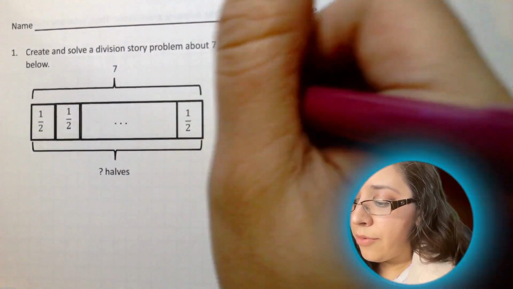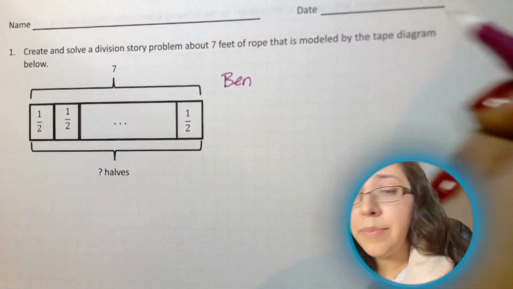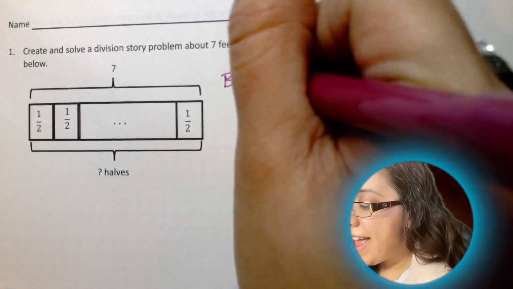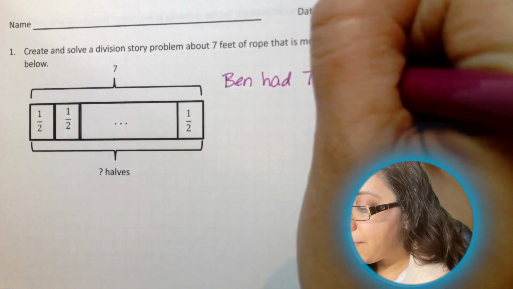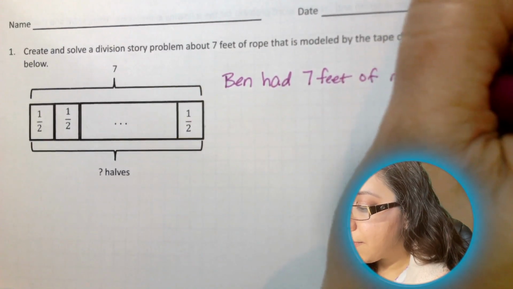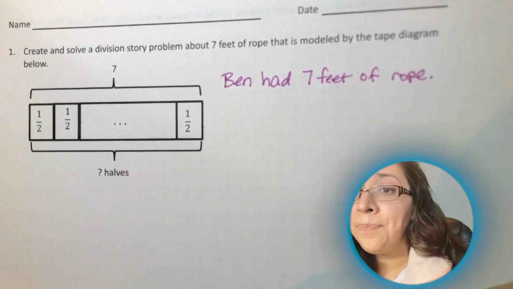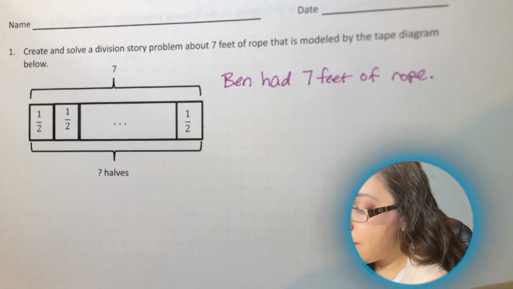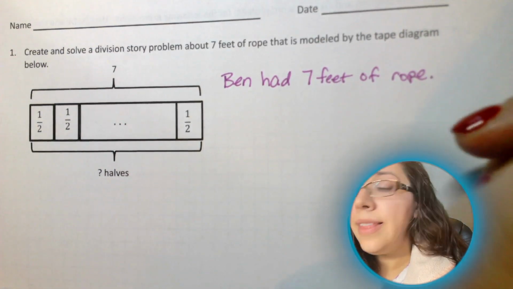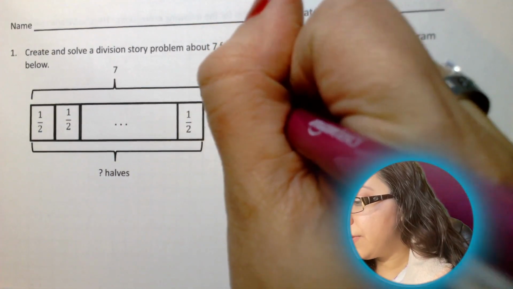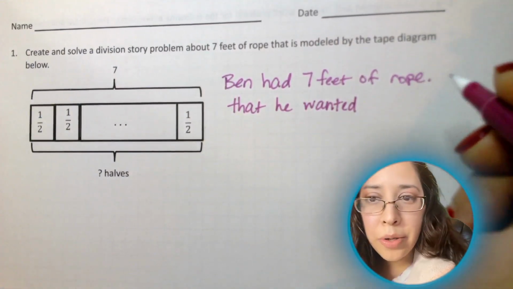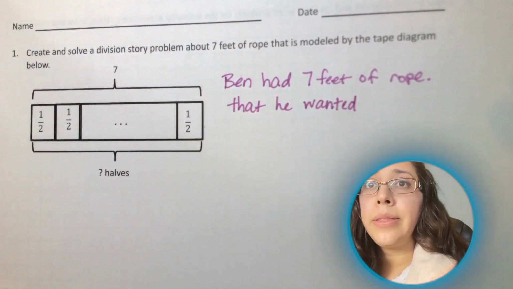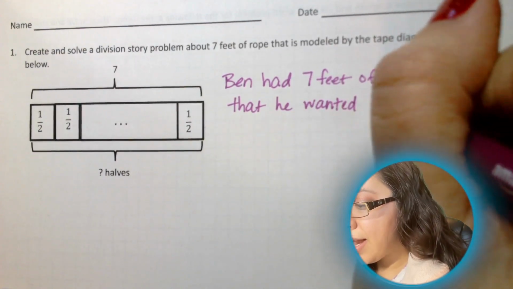My original thought was Ben, I just picked a random name, a friend of mine. Ben had 7 feet of rope. And he wanted to, what did he want to do? Usually with word problems, there's an action, like he wanted to share with his friend.